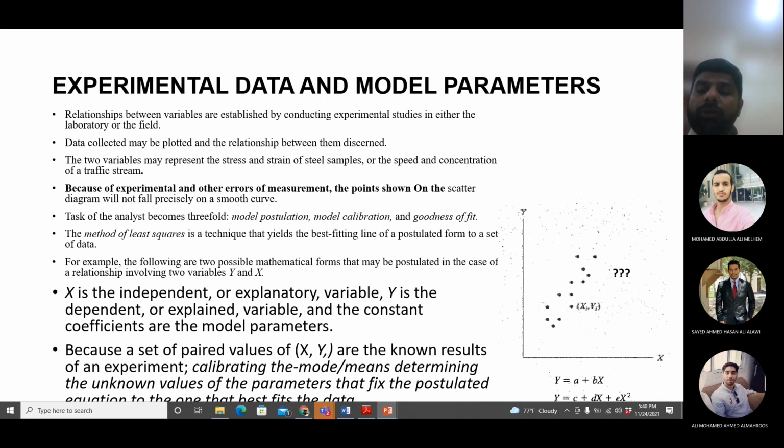What would be the best fit line for this scatter plot? All points will not pass through this line, but what is the next best thing we can have? The best thing would have been a line which joins all the points of the experiments. That is not possible. So what is the next best line I can have?